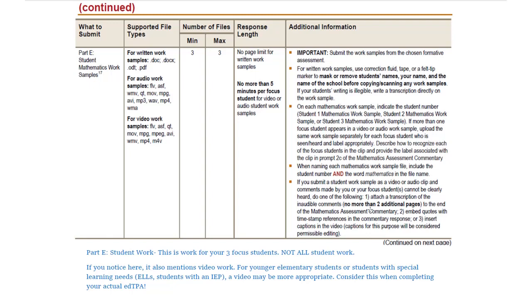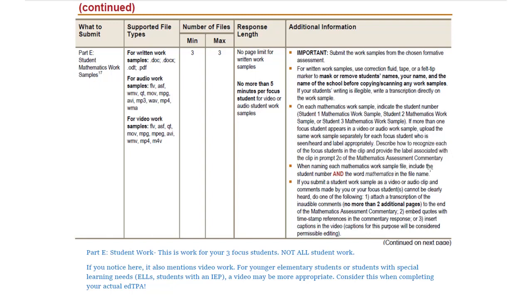You can also, if the student writing is illegible, write a transcript directly on the work sample. So there's a couple different things here. You also need to indicate the student number. So student 1, math work sample, student 2, math work sample, student 3, math work sample. If a student appears in video or audio, again, that's a recommendation.